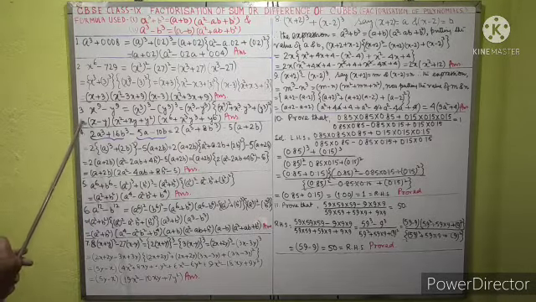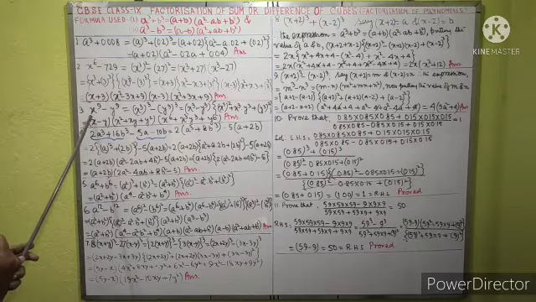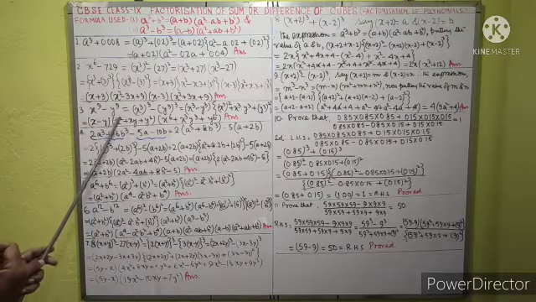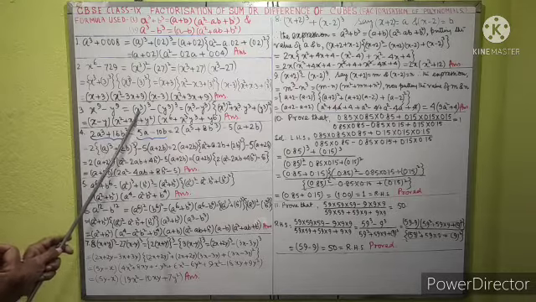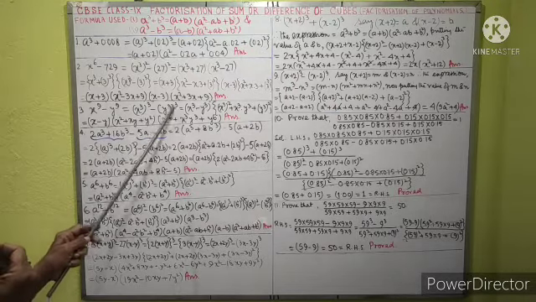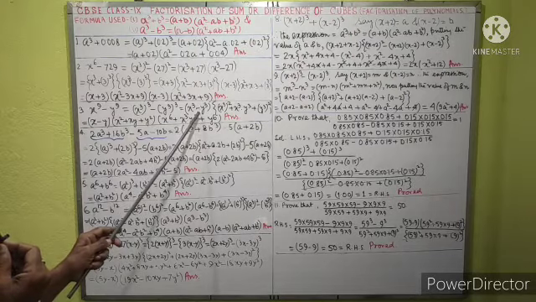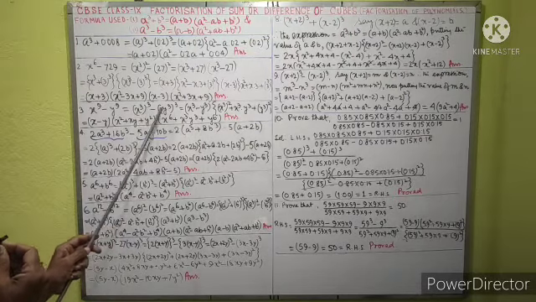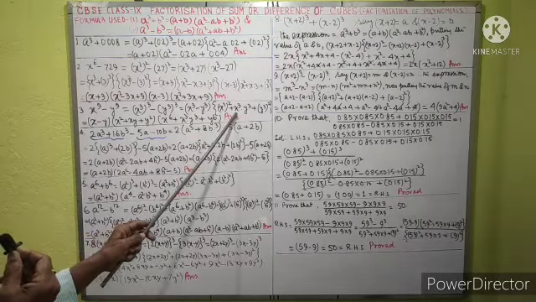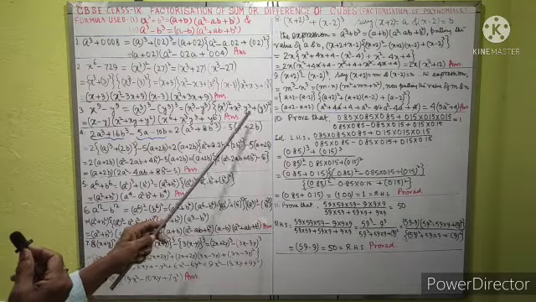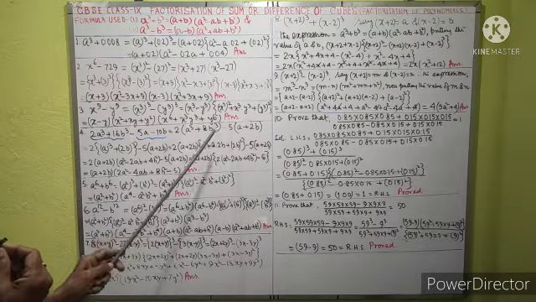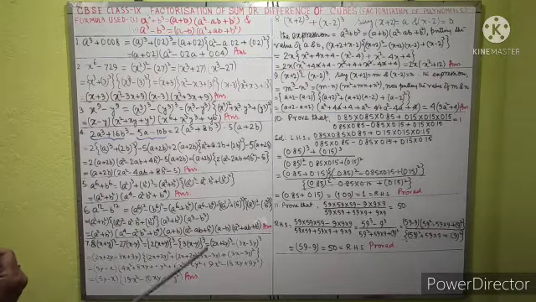Next, see number 3, x to the power 9 minus y to the power 9. x to the power 9 equals x cube whole cube minus y cube whole cube. So it is x cube minus y cube, and a cube minus b cube equals (a minus b)(a square plus ab plus b square), where a is x cube and b is y cube.